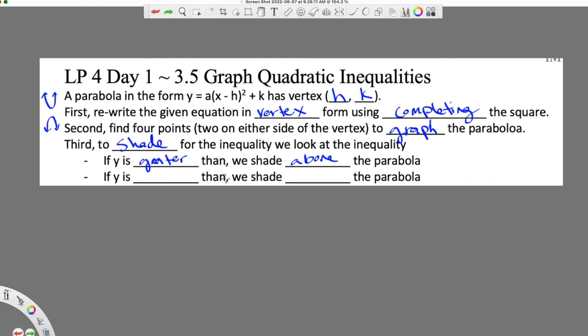If y is less than, then we shade below the parabola. Okay, and that means if it's opening up, we shade like this, below. Or if it's opening down, we shade inside because that's actually down, it's below. So those are just our quick reminders on how to set up the inequality and actually graph it.